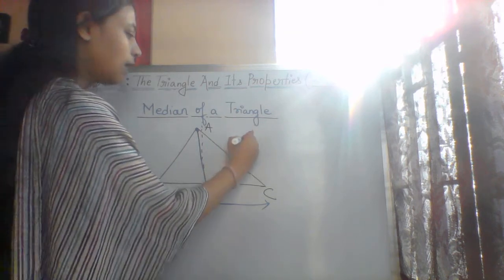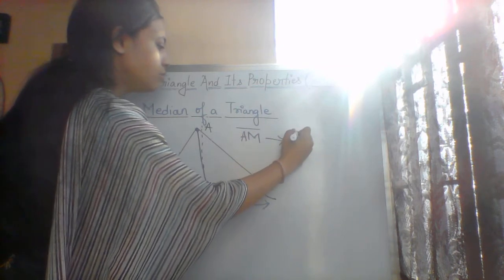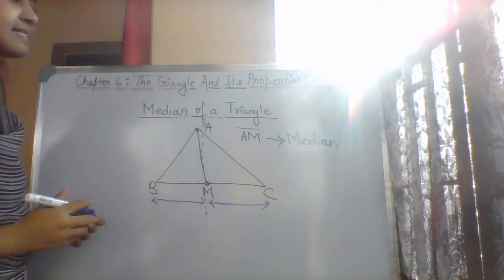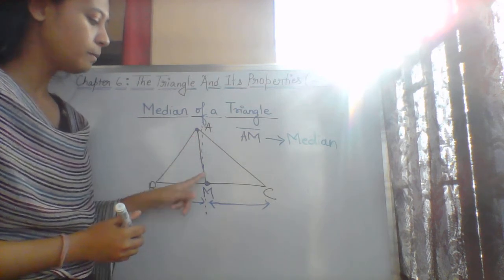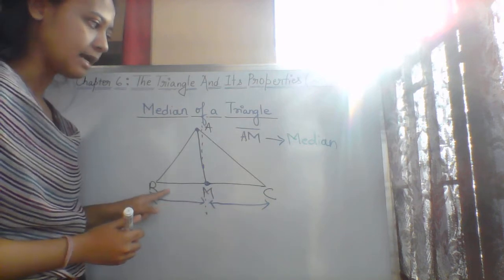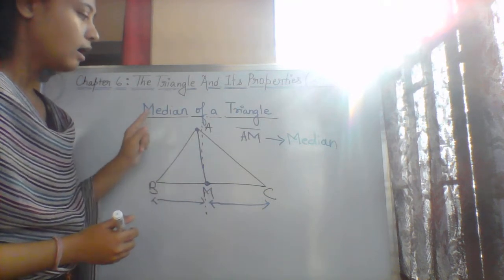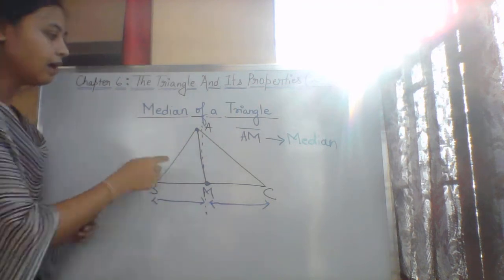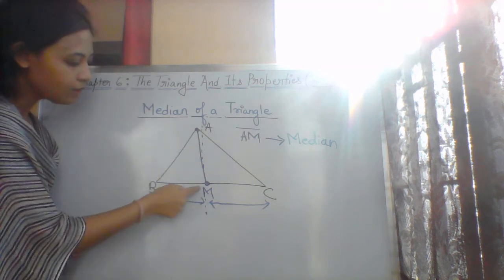So here AM is our median. What is a median? A median is a line from the vertex to the midpoint of the opposite side. A median is a line only, a line from the vertex to the midpoint.